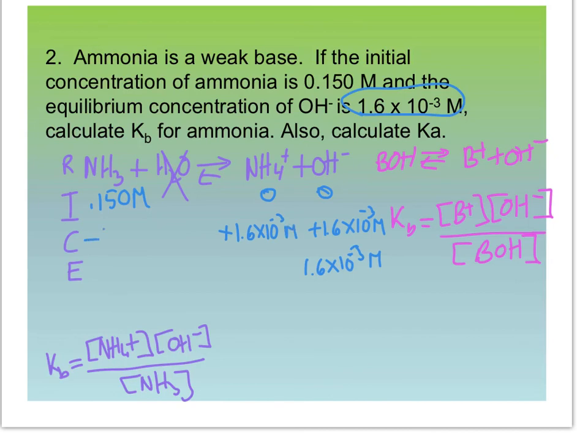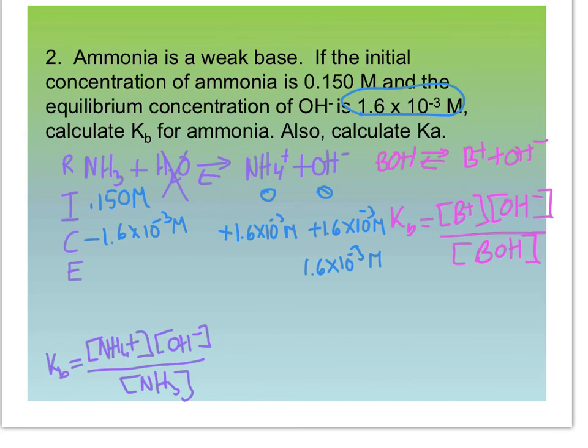And you use up 1.6 times 10 to the negative third of this one. So at equilibrium, you just add this plus this and this plus this to get your equilibrium concentrations.